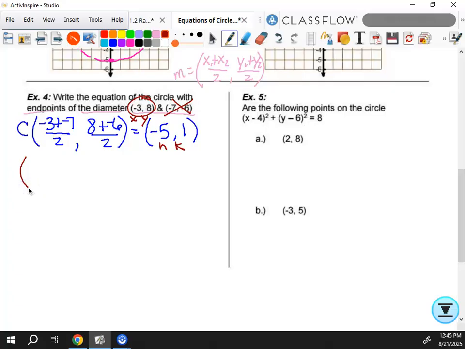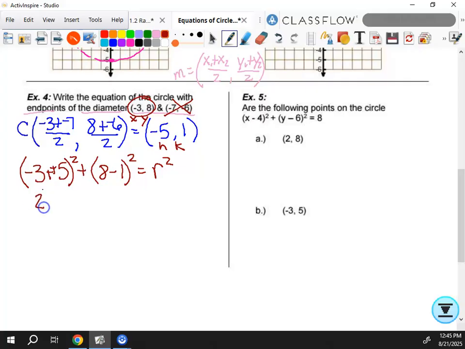So I do X, which is -3, minus H, which is a -5 squared, plus Y, which is 8, minus K, 1 squared. That's equal to R squared. Everybody with me? Because now it's just like what we did yesterday. So -3 minus a -5, I can always make that plus a positive.